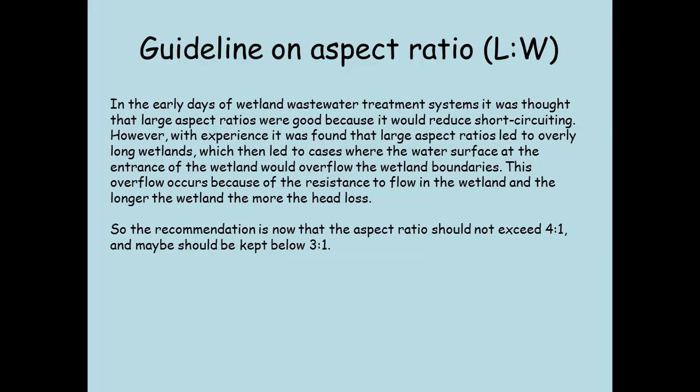So one wants to veer away from that. So based on experience, the aspect ratio has been narrowed down to be length 4:1 width, and even more conservative to keep it down between 3 and 1. So in the design equations that you'll see in the examples and so forth, and in the design equations for both surface water wetlands and subsurface wetlands, you'll see that the ratio of 3:1 is referred to.